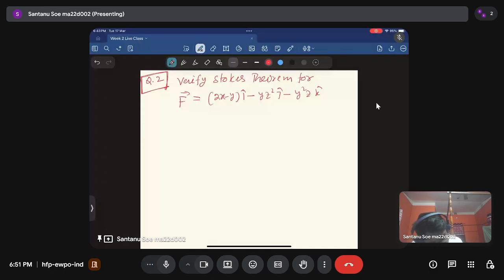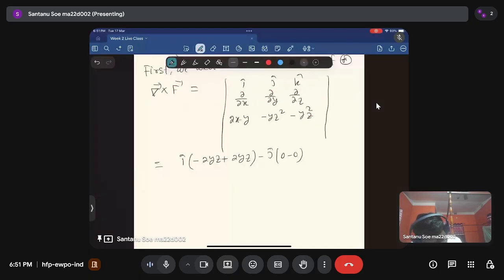So this is just k cap. So the right hand side of star is just the surface integration over S of curl F dot n dS.